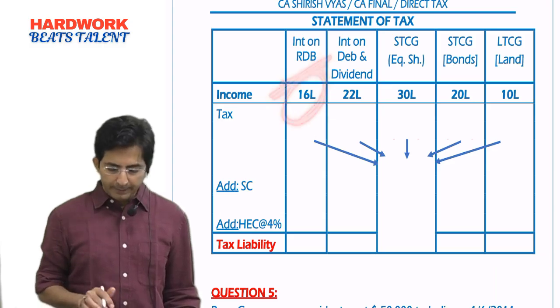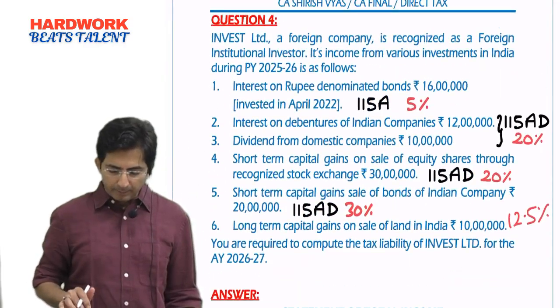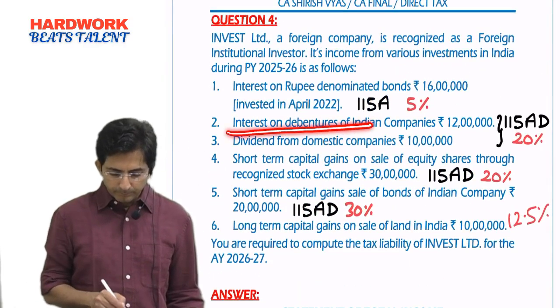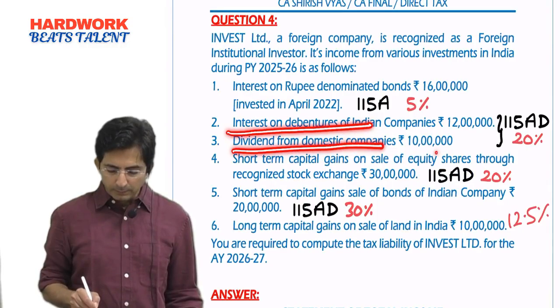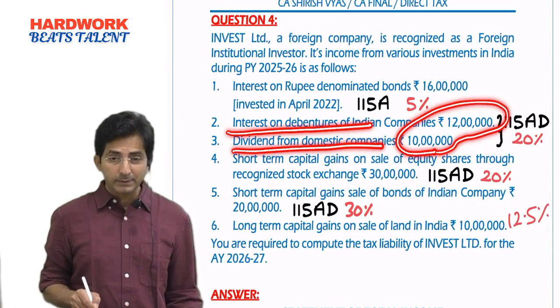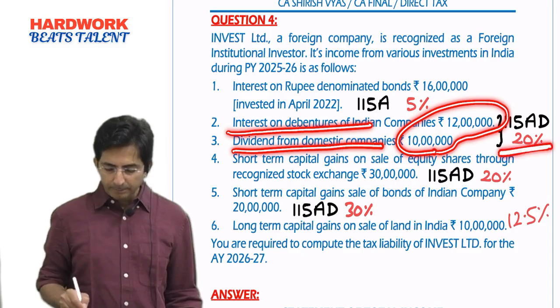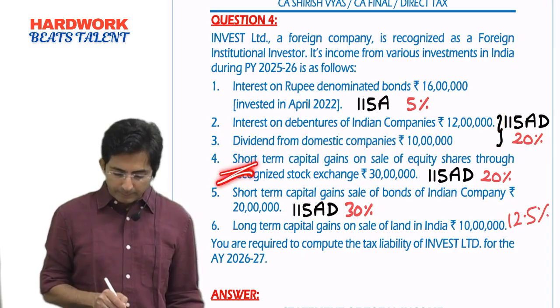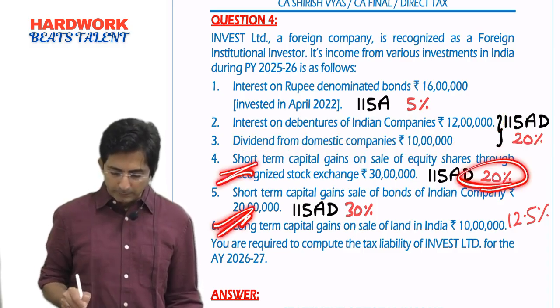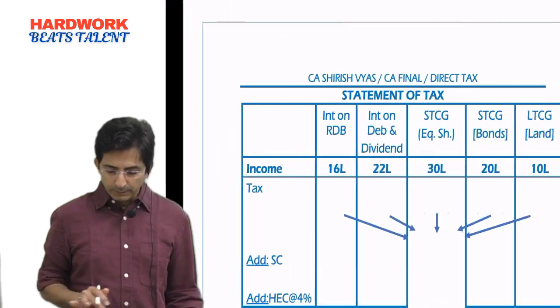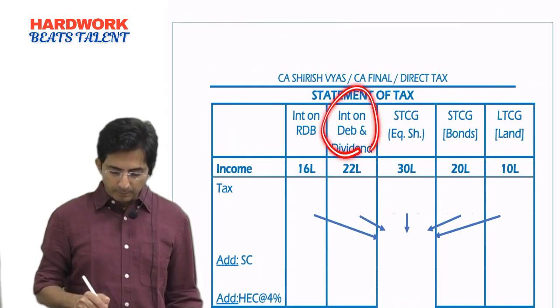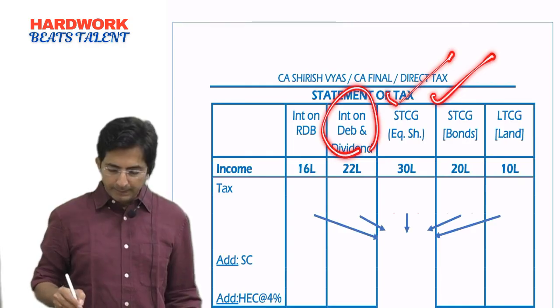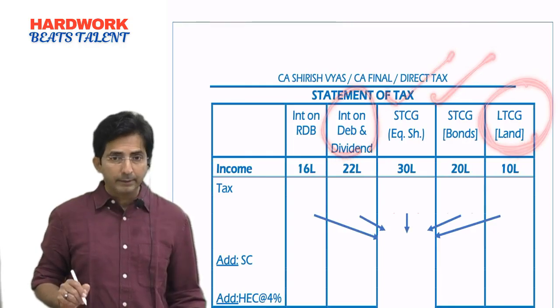Okay. Then interest and dividend I have clubbed because both are of similar genre. So I have clubbed and kept at 20%. Short-term capital gain, one I have kept separate, other I have kept separate because both have separate rates. And at the end there was some general long-term gain.